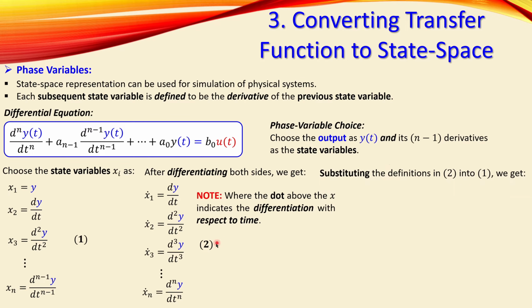Now, substituting this equation number 2, all the set is included now in here, what you get is the following. You can say x1 dot is dy dt, but it's actually shown here as x2. x2 differentiated is actually d squared y dt squared, shown here, so it's actually then x3, and moving on in that fashion up to this expression.